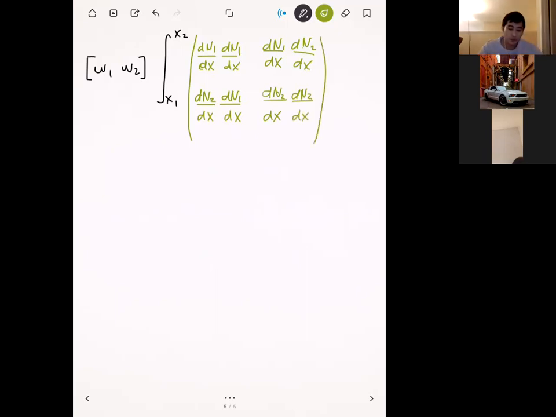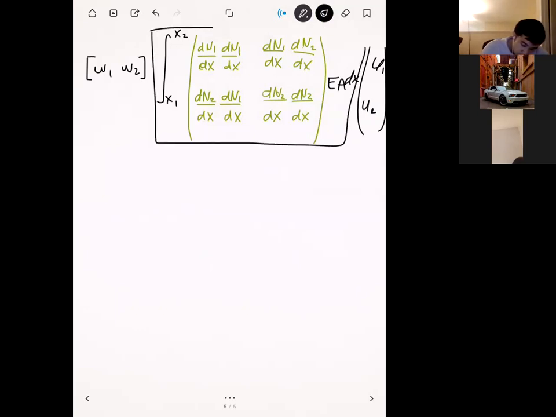Right. And so there's our 2 by 2 matrix, and then we're going to multiply by EA dx. And then on the outside, we have the U1, U2 vector. Okay. And so what I've boxed here, kind of in the middle of this expression, this integral of this 2 by 2, this right here is our element stiffness matrix for a 1D problem with linear shape functions.